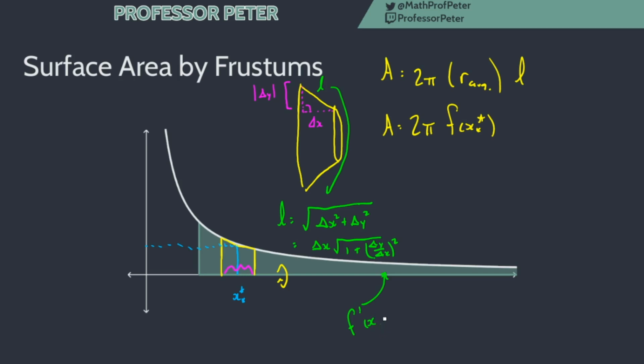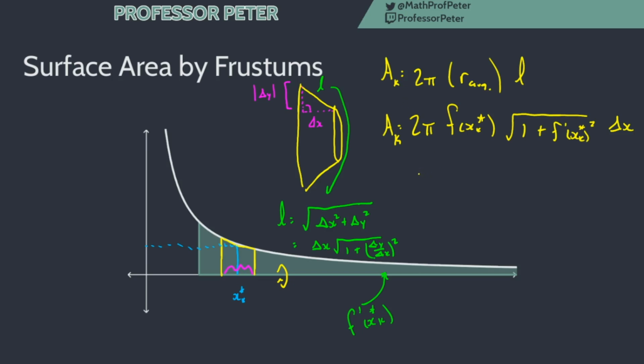So maybe what we'll do is say, let's pick f prime of x sub k star, and that'll approximate this slope here. So our length then ends up being a square root of 1 plus f prime of x sub k star squared times delta x. That's the area of the kth frustum that we have.